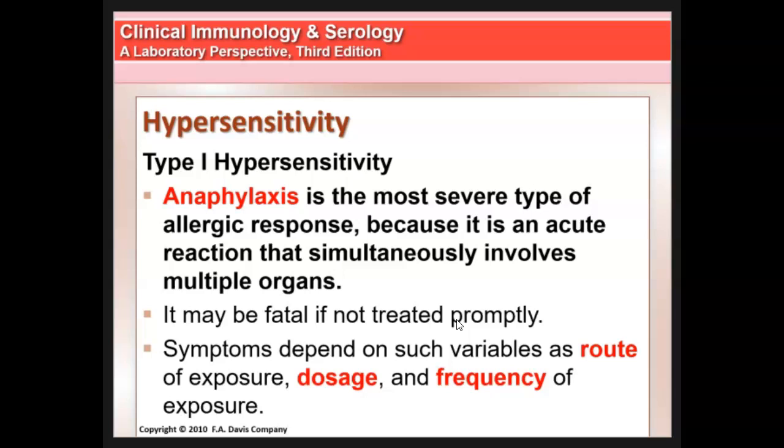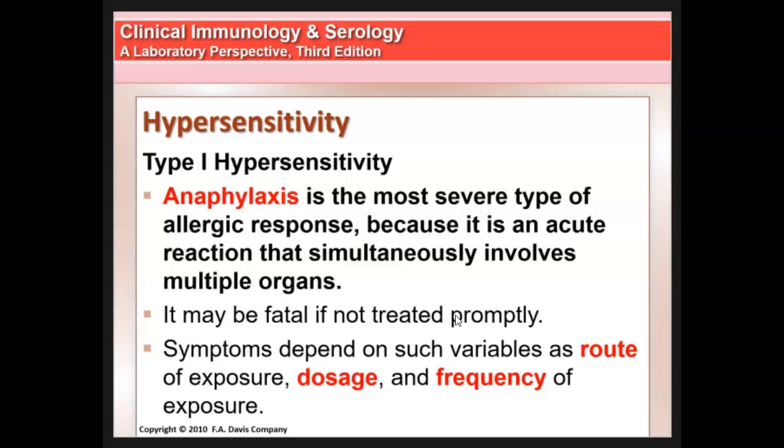The symptoms of anaphylaxis depend on the route of exposure, whether it's inhaled or injected or eaten, the dosage, so how much did you breathe in or eat, and the frequency of exposure. A test question might ask, what does the severity of anaphylaxis depend on?